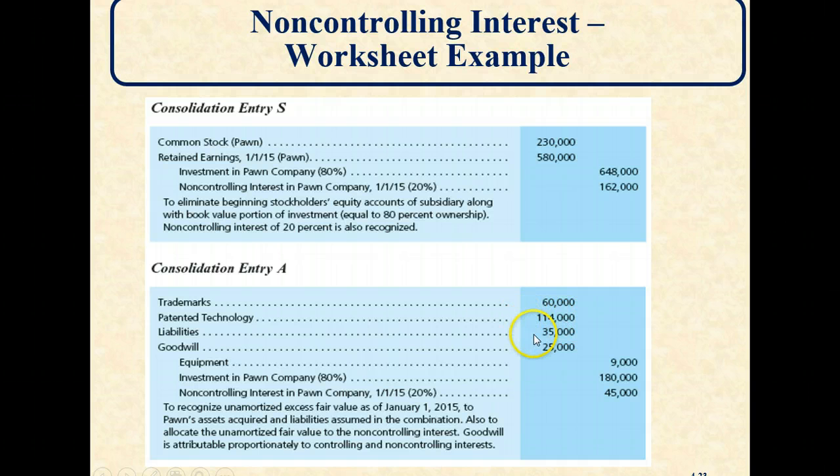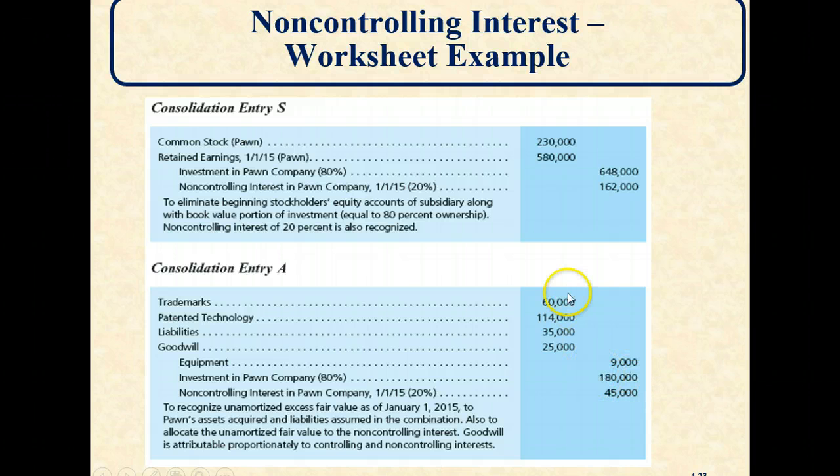The liabilities, we're taking our annual amortization of, how much was that? 4 against the liabilities. And then our equipment, we're amortizing that over 10 years. So we're taking 1,000 there.